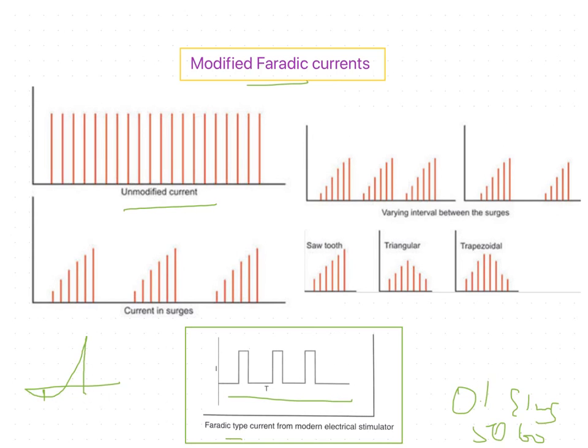The current is surged so that the intensity of successive impulses increases gradually, each impulse reaching a peak value greater than the preceding one. So here you can see this is the varying type. If you look at the starting impulse, the next impulse is again greater than the first, and the third, fourth, every impulse is going to increase there.